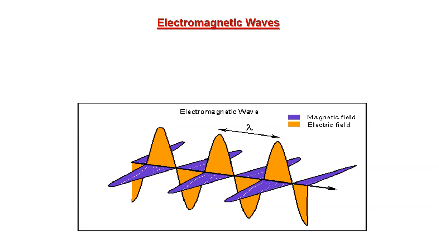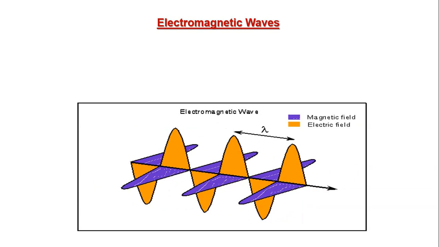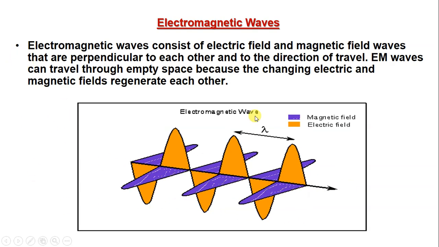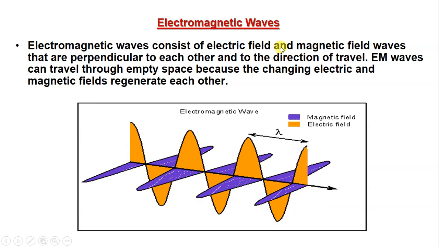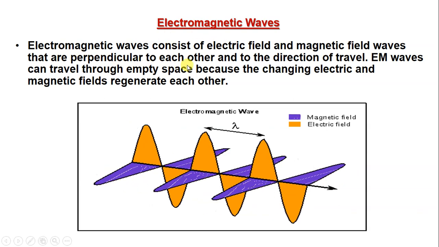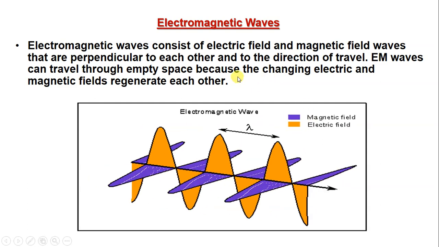So once you have them, they will never stop. That's why the light can travel through vacuum. So electromagnetic waves consist of electric field and magnetic field waves that are perpendicular to each other, and they are perpendicular to the direction of wave travel.